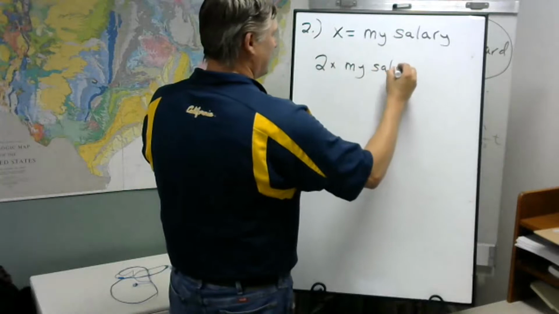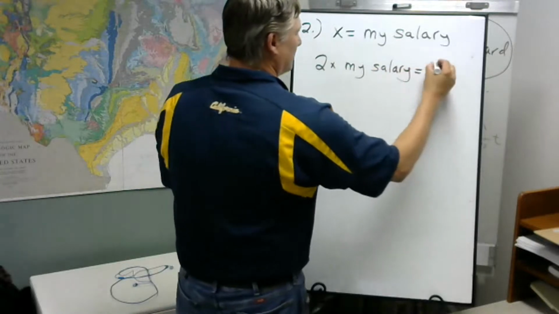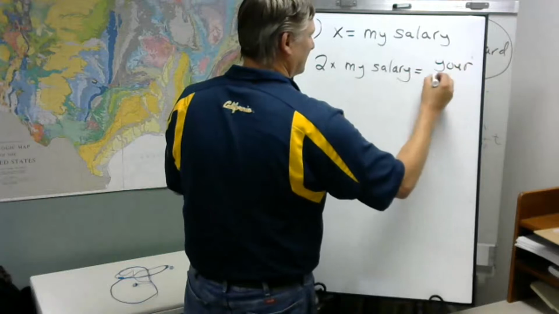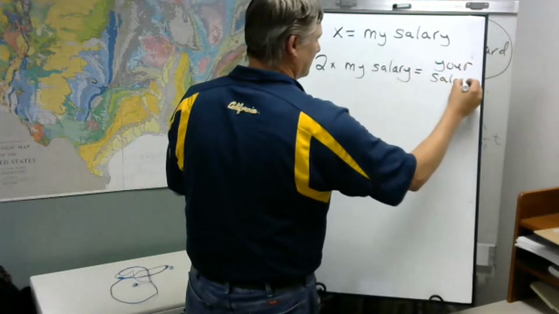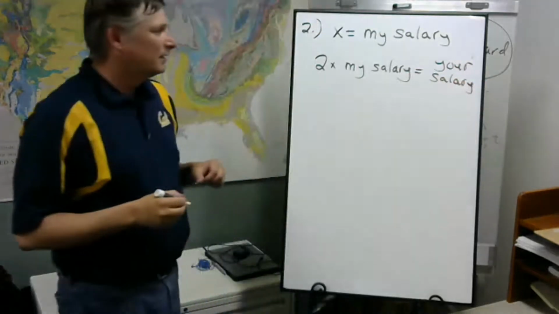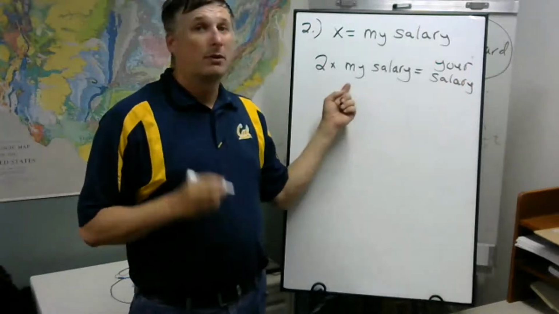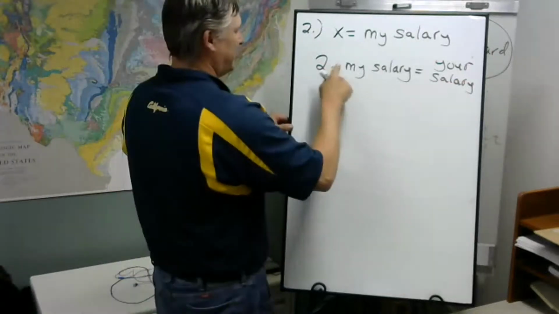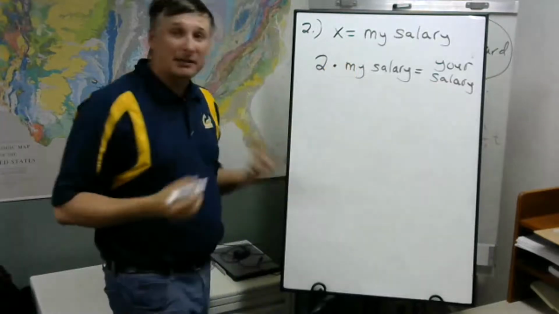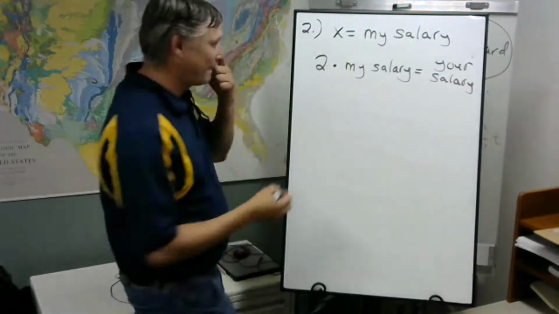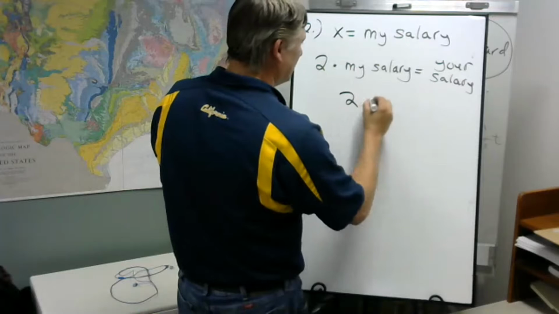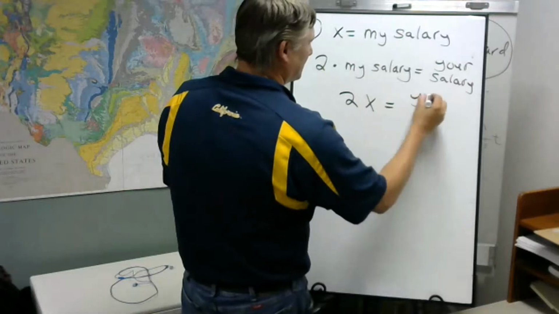So 2 times my salary equals your salary. And then let's replace this with X. This is a multiplication here, so I better use a dot, not to confuse it with the variable. So 2X is your salary.